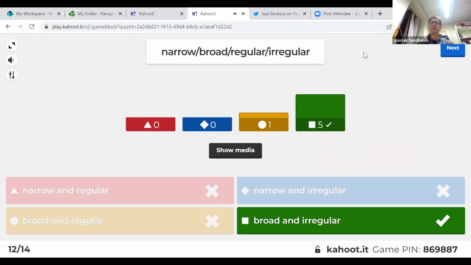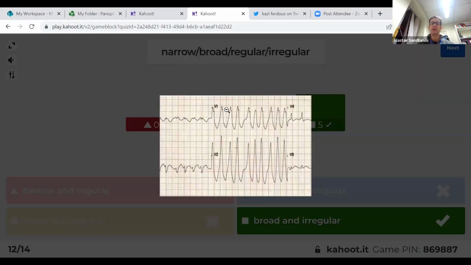Yeah, broad and irregular, very good. Broad and irregular. The spacing between every QRS is variable, so that means it's irregular.